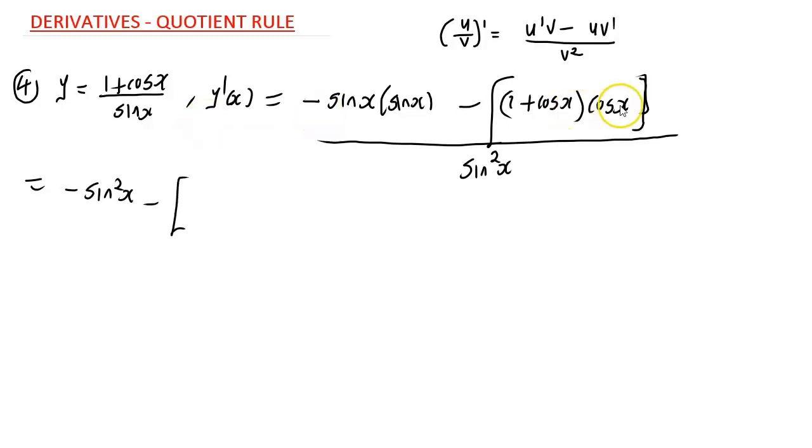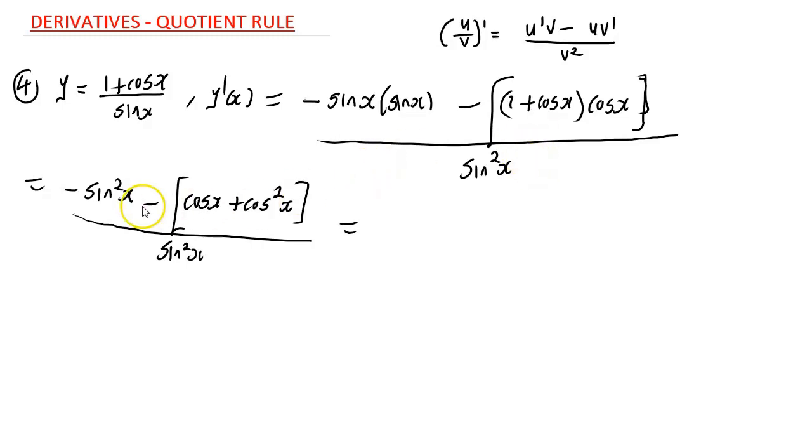So this is going to be equal to negative sine s multiply sine s, which gives us negative sine square s. Then minus cosine s is going to multiply everything inside this parenthesis. So doing this, we are going to have cosine s plus cosine s squared. We can also write it as cos square s. So this is divided by sine square s.